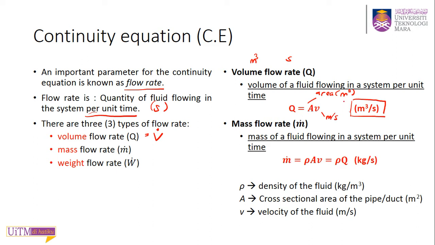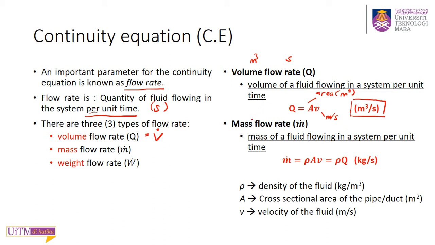If you multiply area and velocity, that's why you get the unit for volume flow rate, meter cube per second. It's as easy as that. Volume flow rate is area times the velocity. So that's one.